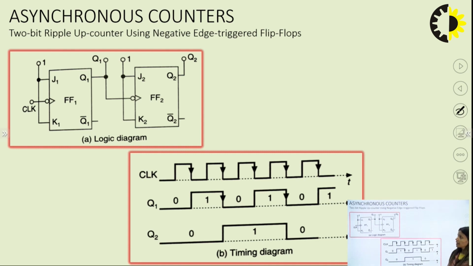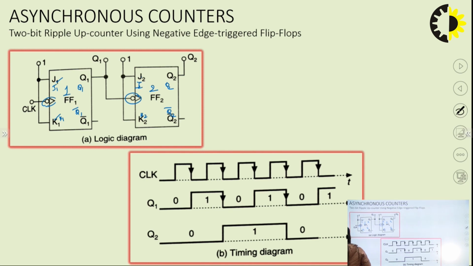In this diagram we can see that we have taken 2 JK flip flops, first and second. This is also a JK flip flop. I have marked them J1, K1, Q1, Q1 bar, J2, K2, Q2. This is the negative edge triggered clock.